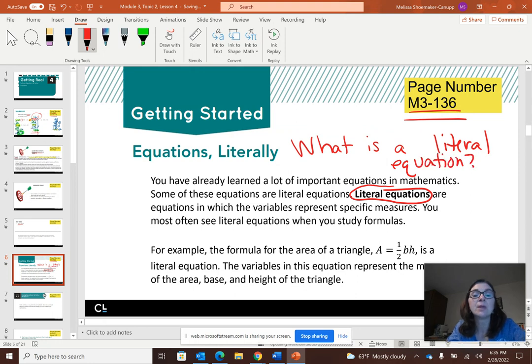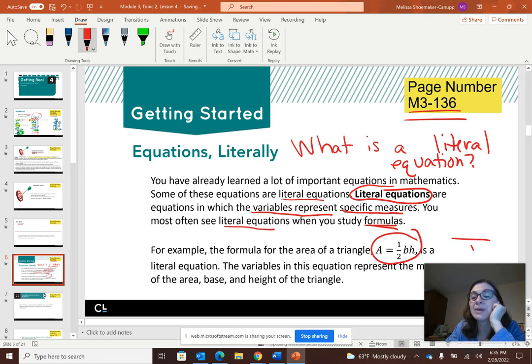Literal equations are equations in which the variables represent specific measures. You most often see literal equations in formulas. Now, you guys may not realize it yet, but you've worked with formulas. This is the formula for the area of a triangle.